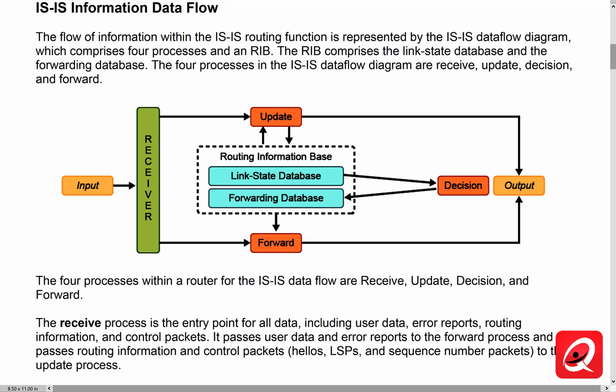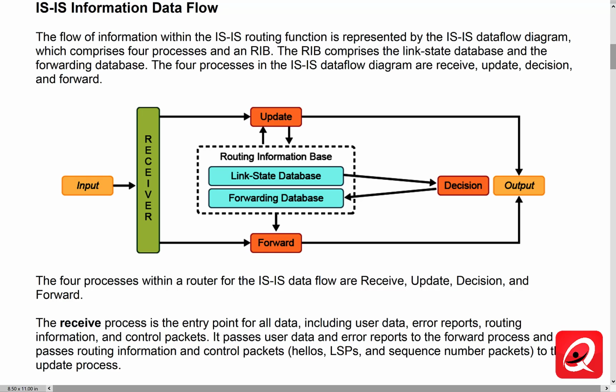The update process generates local link information that gets flooded to our adjacent routers. The update process is what receives and processes and forwards link information, reachability information from my adjacent routers and to other adjacent routers.